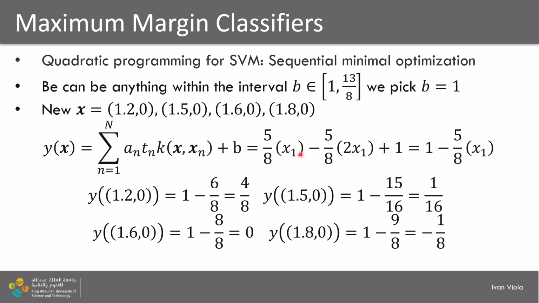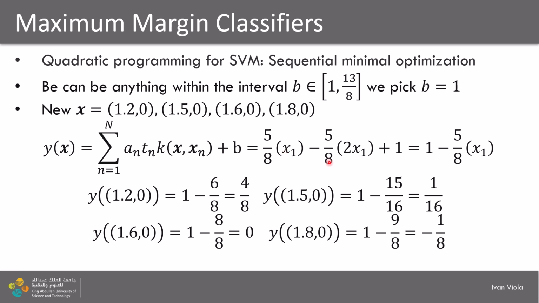So this is not a vector, this is a component of the vector x2, and this component is equal to 1. So multiplied by 1, it's just x1, the first component of this vector.